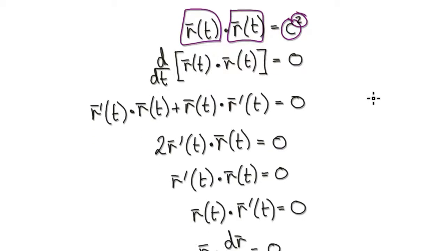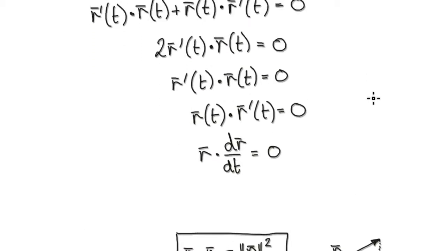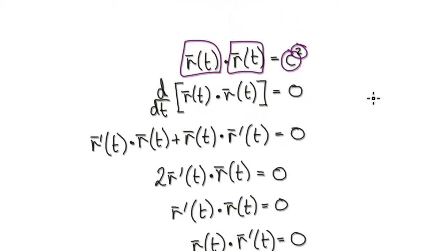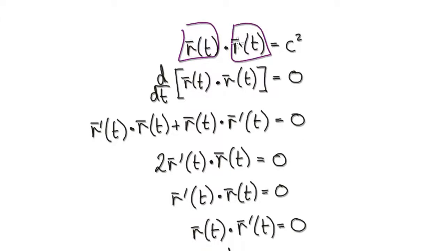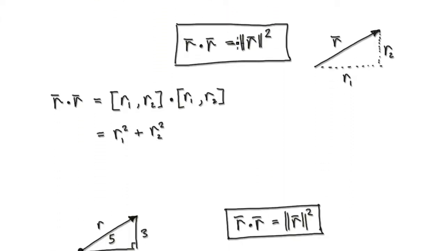So let's look at it in this way. Us trying to understand this is the same as us trying to understand this, is the same as us trying to understand this. So let's say you've got some sort of vector here from here to here is r. So the x component, the y component.